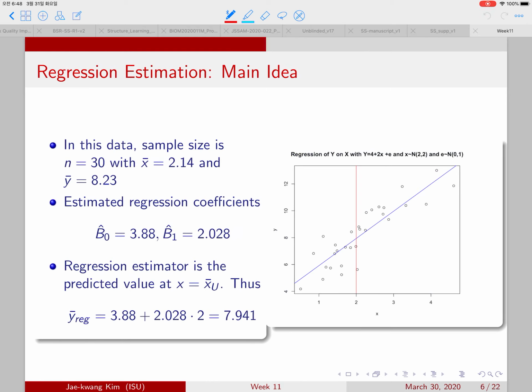Here is an example. The plot shows the sample elements.